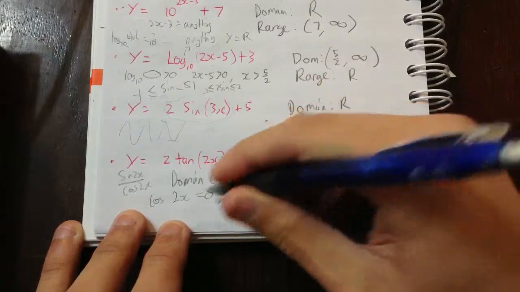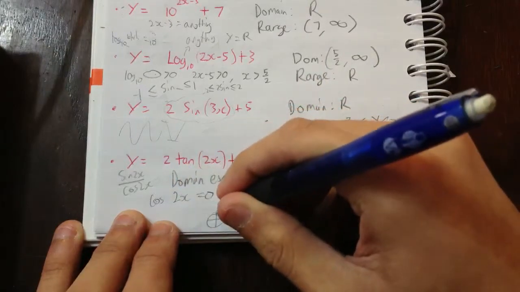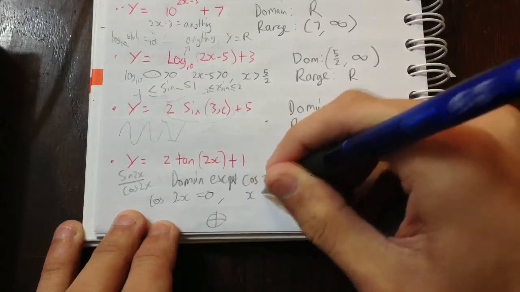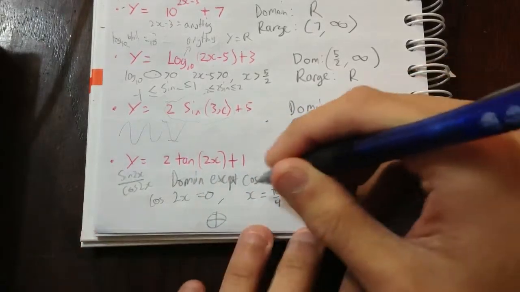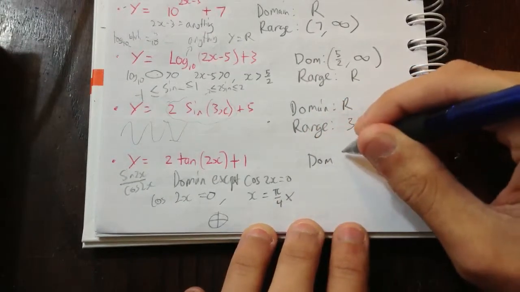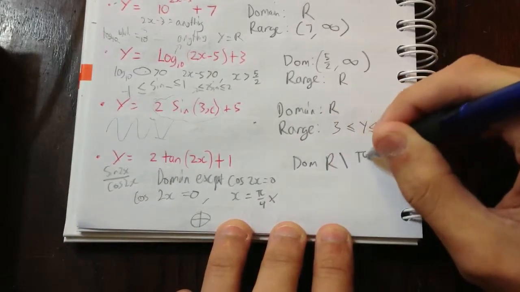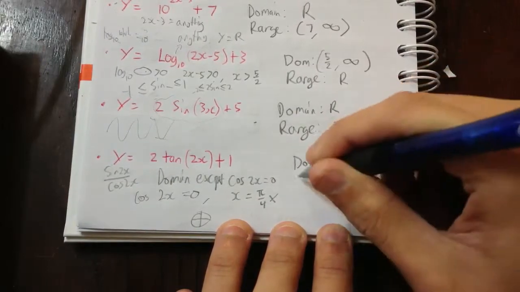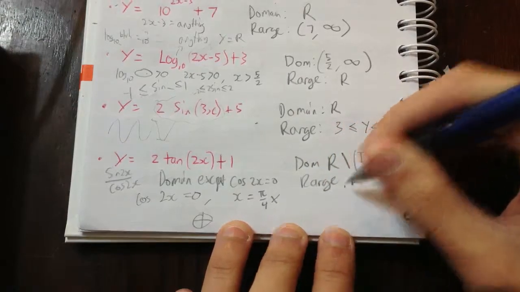I'll explain it to you later, but that happens when 2x equals pi on 2, so x equals pi on 4. So we can't have that. So our domain is real numbers except pi on 4, and our range is real numbers.